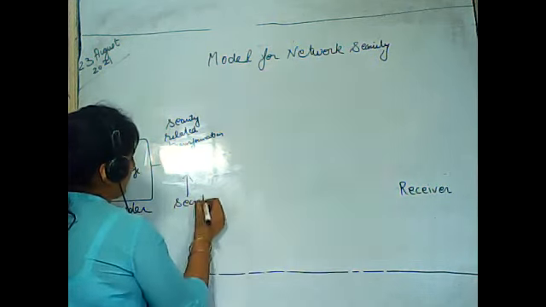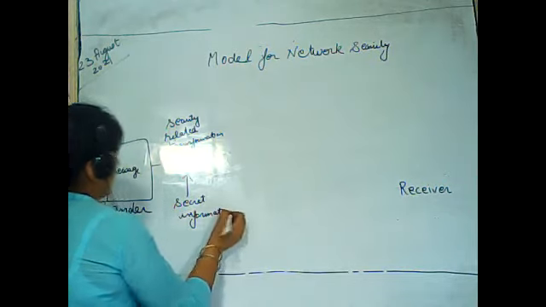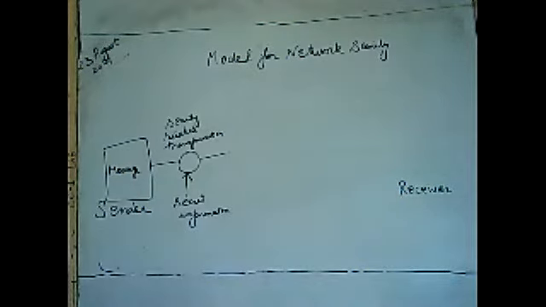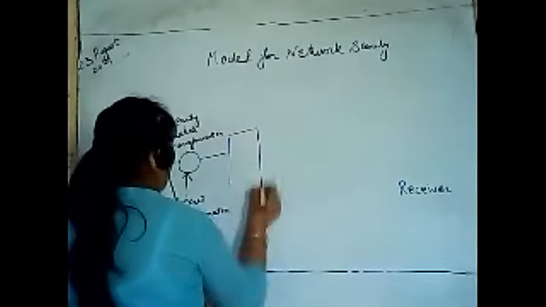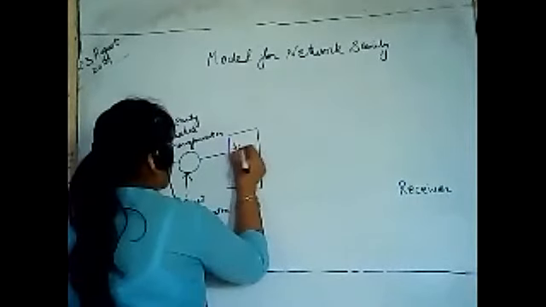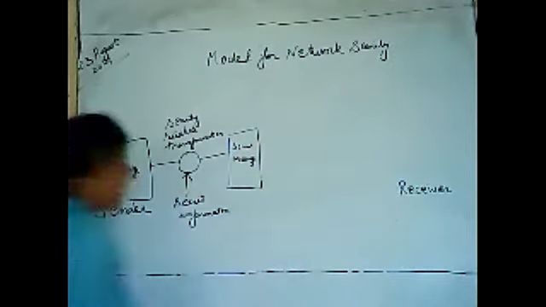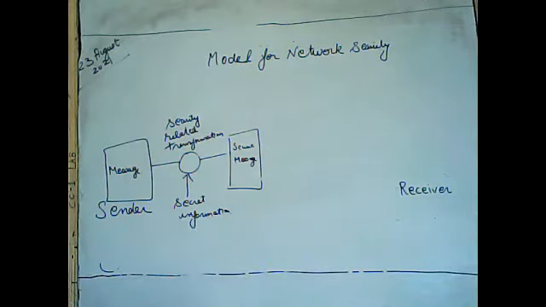Because we have some secret information, and we apply security-related transformations to this secret information. After doing all these transformations, we have the secure message.